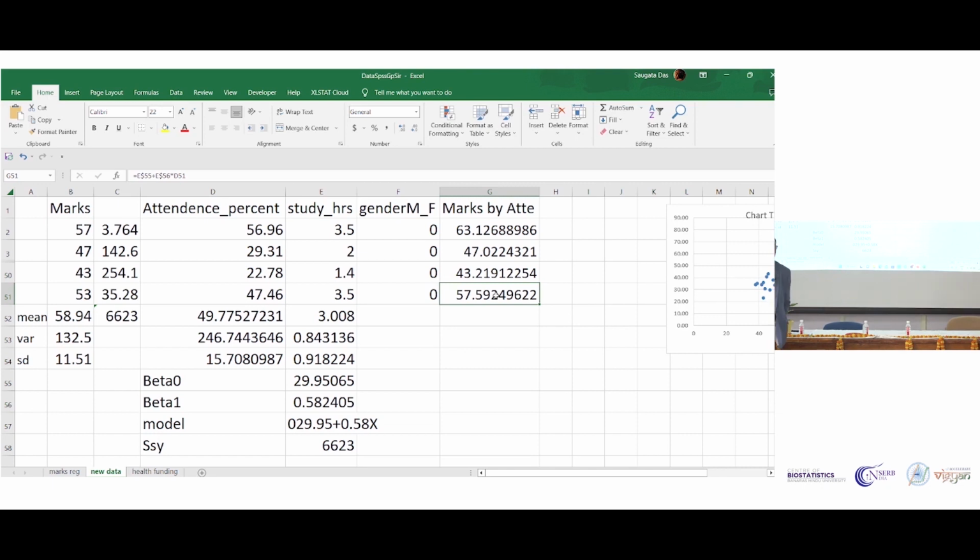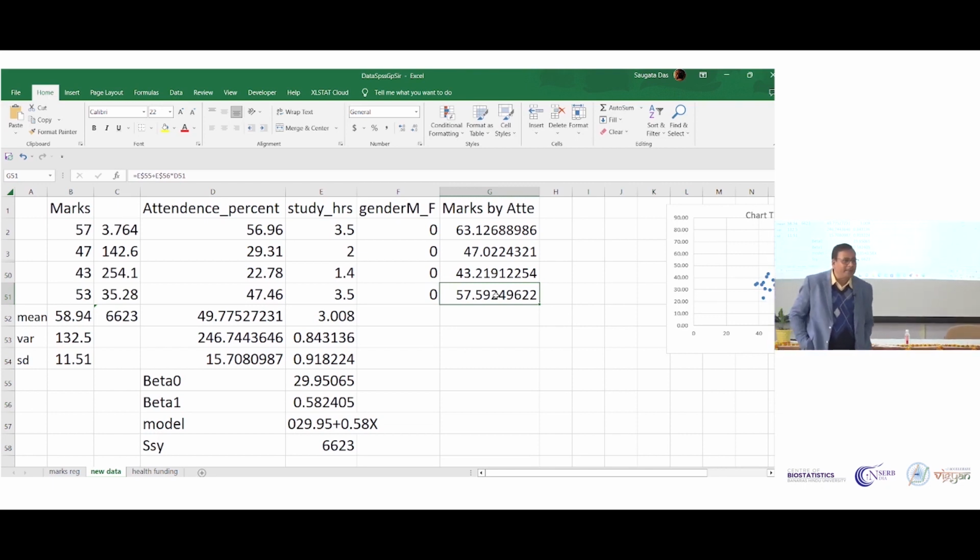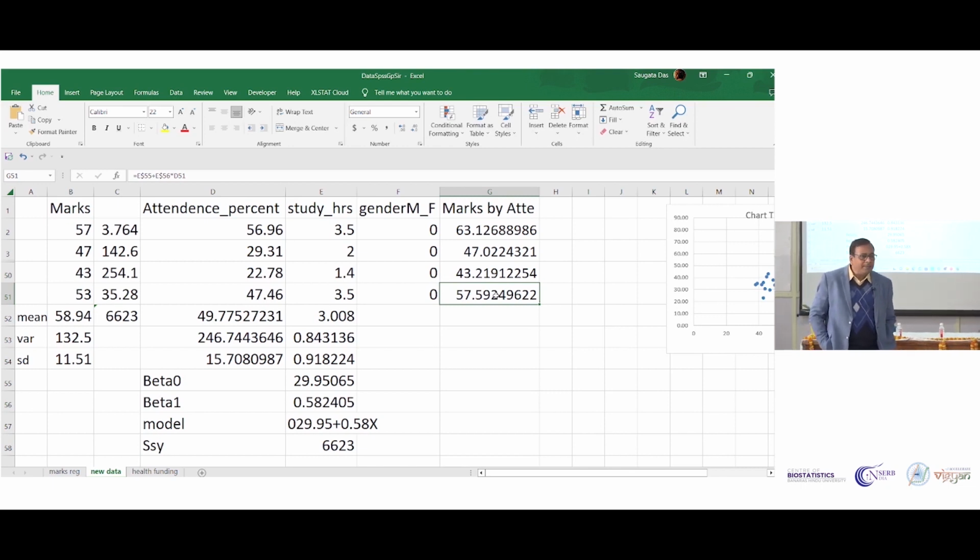Okay? Can we calculate the information available in this data also? Yes? And this will be called the information of y due to x.